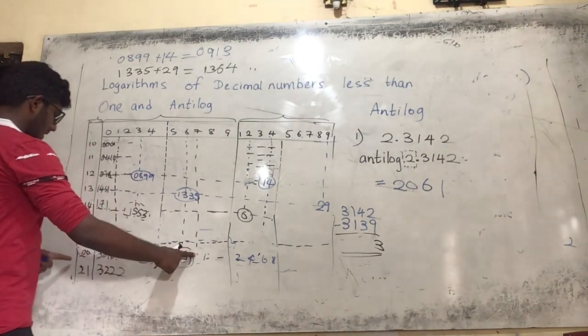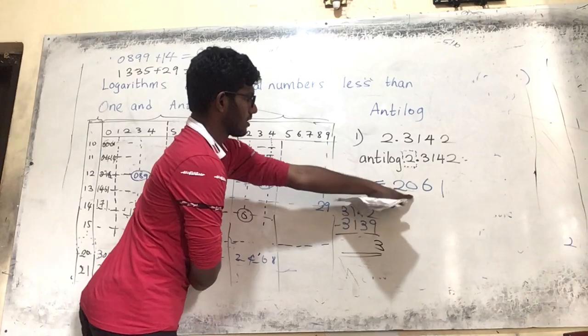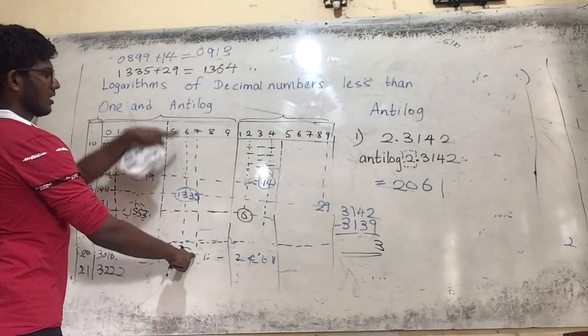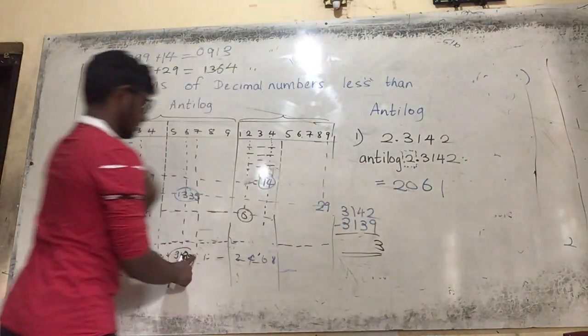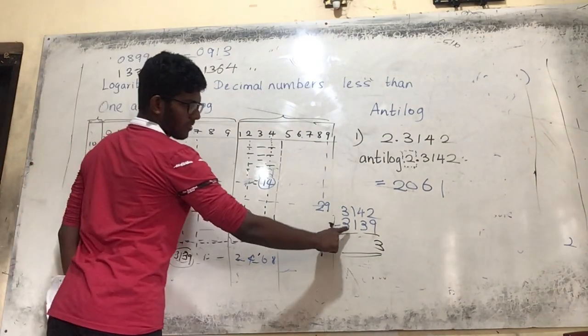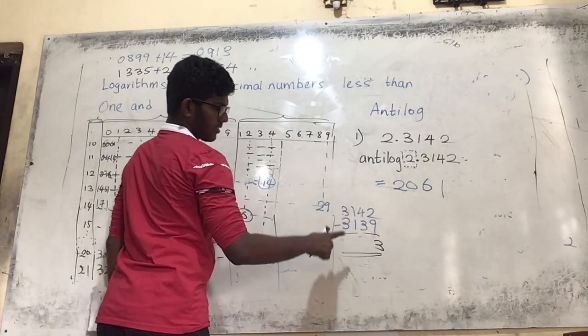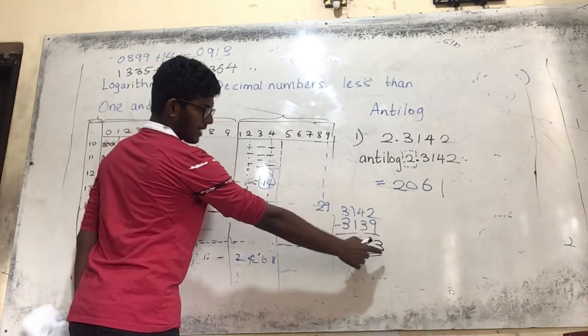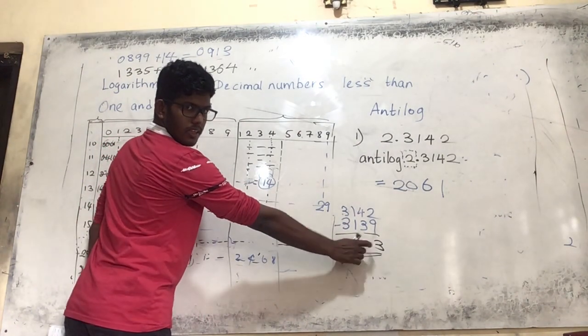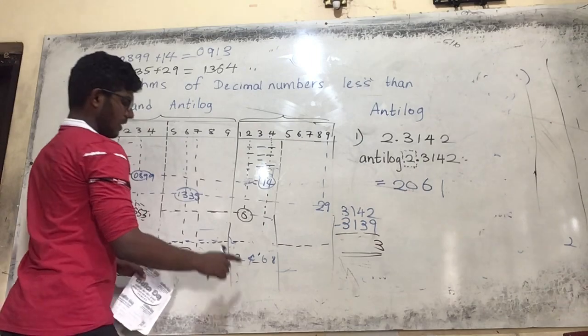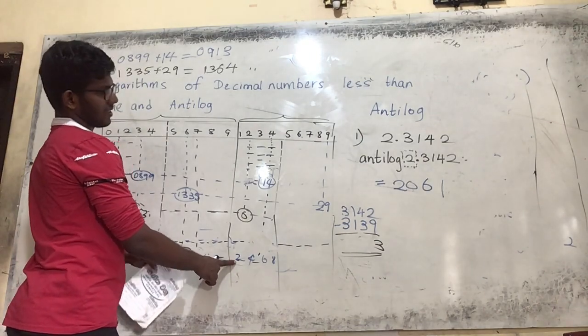Once you identify that value, you write the row here, then you write the column here, then you write the value, you write the initial value, subtract, and you get the number.